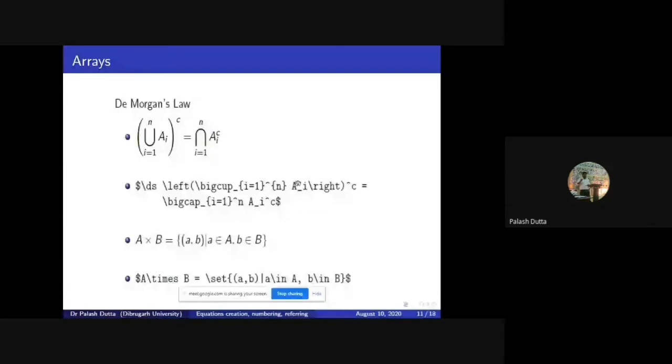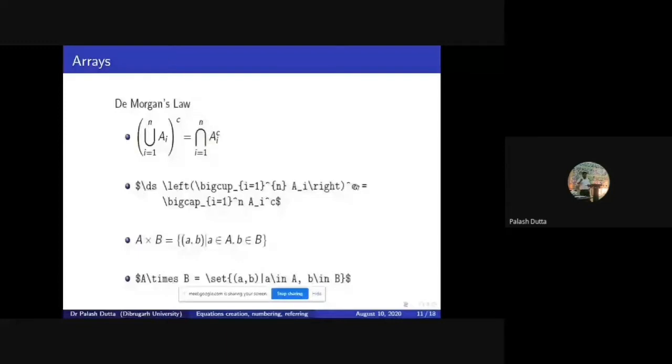And the complement of this, which is equal to big cap. This is cap and here is cap, right? Then i goes from 1 to n, where underscore means subscript and caret means superscript, right? And A_i superscript c. In this way we can write this expression also.